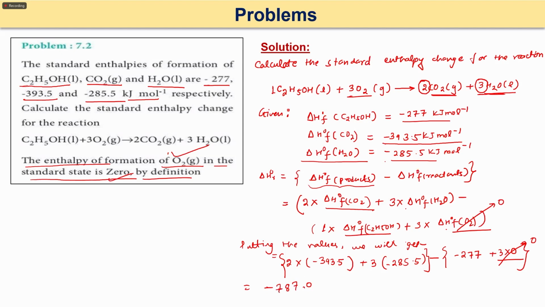So this is what, if we multiply this, we will get this, and then plus minus will become minus, minus of 3 into 285.5, and minus of, so this minus and this minus will become plus 277, and then plus 0. So we will not write it.